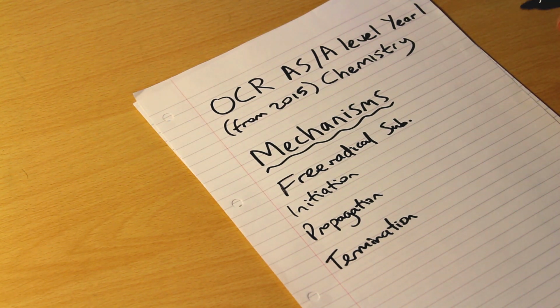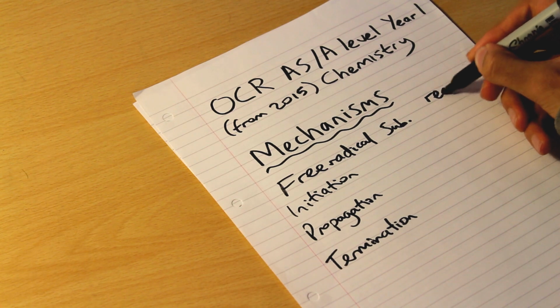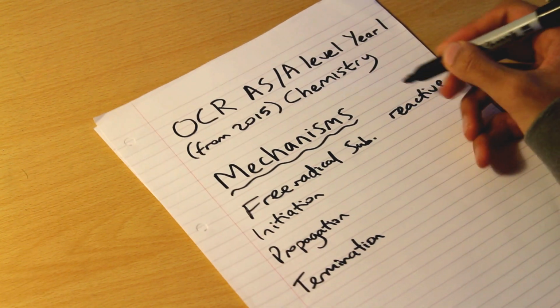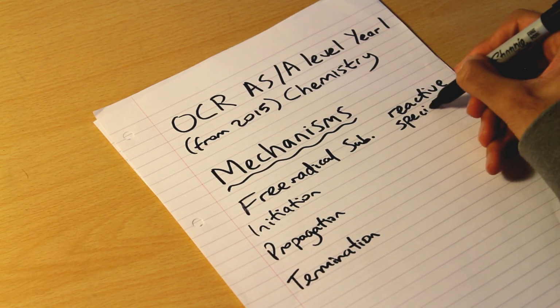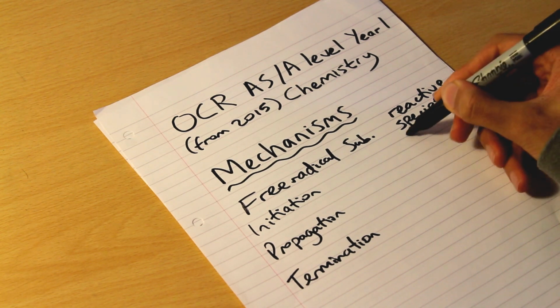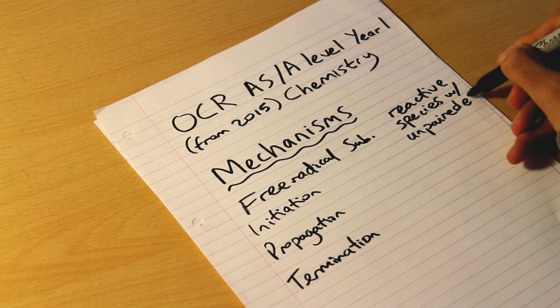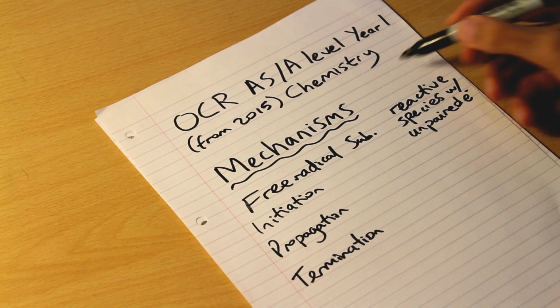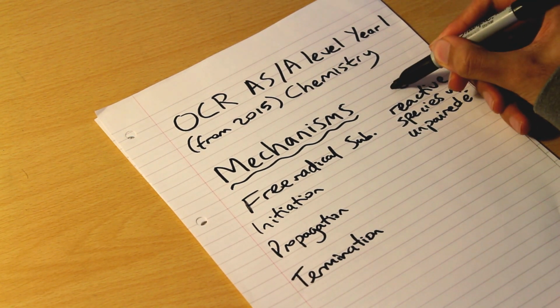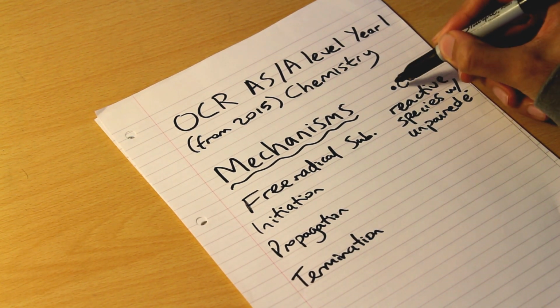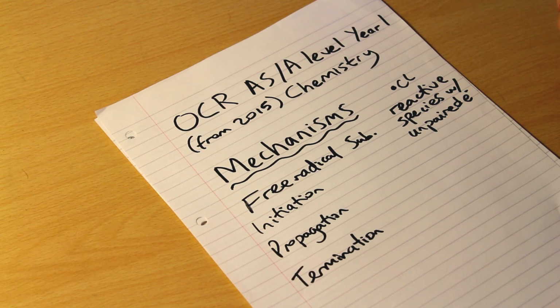And for this mechanism you need to know the definition of a free radical, which is a reactive species with an unpaired electron. And these are denoted by an element with a dot that represents a single electron rather than a paired electron.